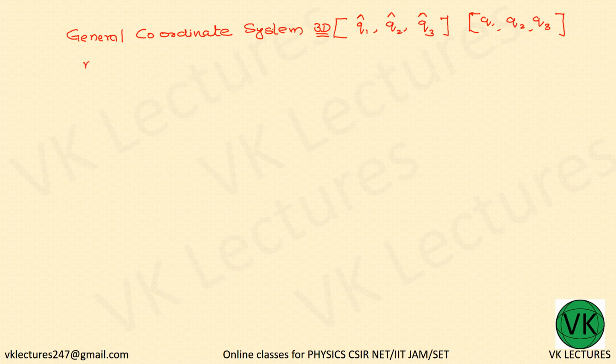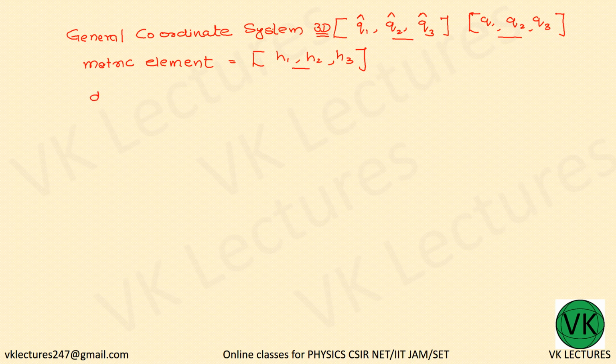Now the metric elements I am writing as h1, h2, h3, for any generalized coordinate system for 3D. These are the basis, this is the corresponding coordinates, and this is the metric element. All are in order, so we need not mention that once again.